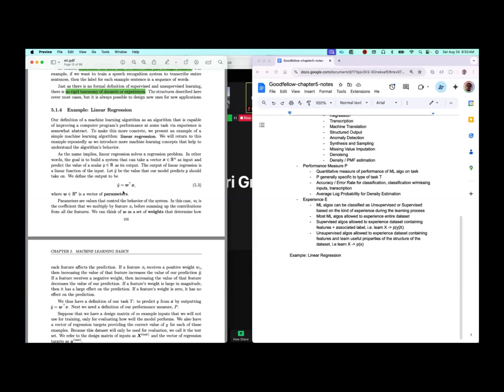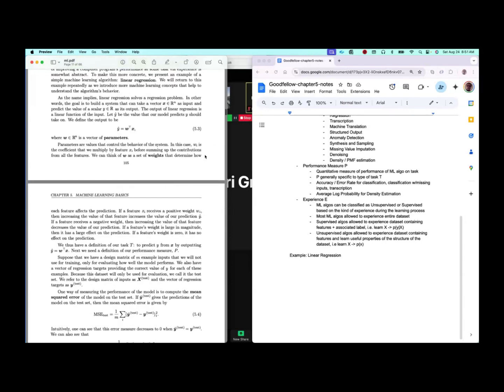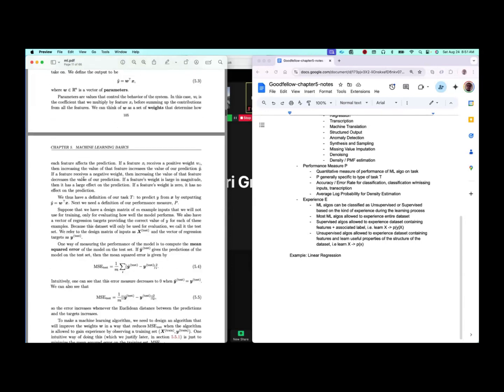You can think of these as coefficients that will produce something close to the given values of Y, which we will state as Y hat, right? And this W weight matrix is basically called the parameters here. It is a set of weights that determine how each feature affects the prediction.